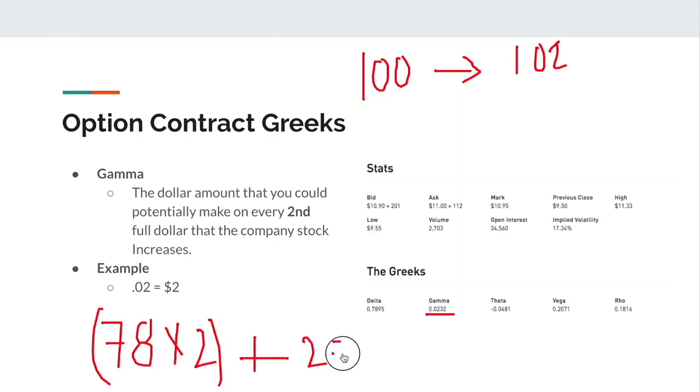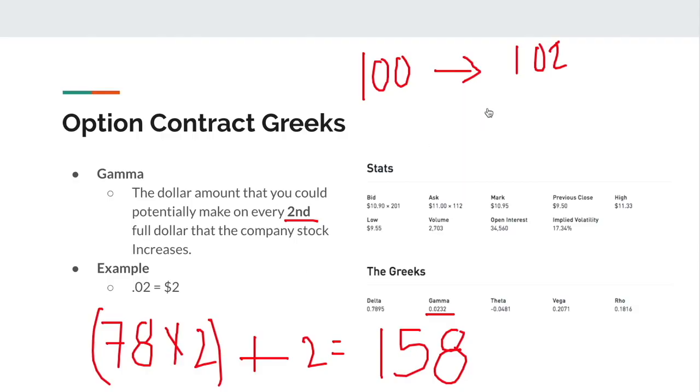So now you've gained $78 times 2, which is $156, plus 2, $158. That's how much you've gained because the stock moved up $2 on your options contract. So gamma is the dollar amount that you can potentially make on every second dollar. Gamma will always be less than delta, obviously, because you're not getting that full dollar capacity that you get with delta. Again, that goes for calls and puts.